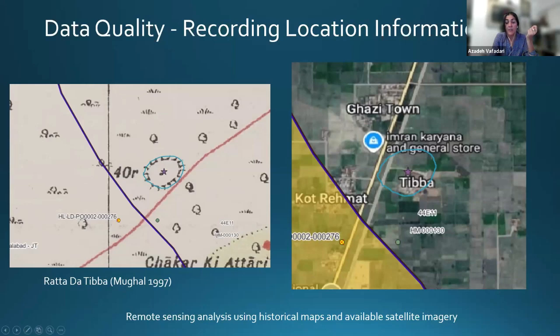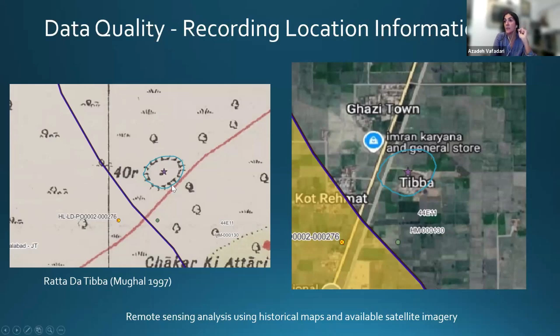During this mapping and data digitization process, as I said, we have used both satellite imagery and historical maps. So again, I have my site recorded here as Mughal at Rata Tiba, and this point is the location coming from my publication or legacy data.